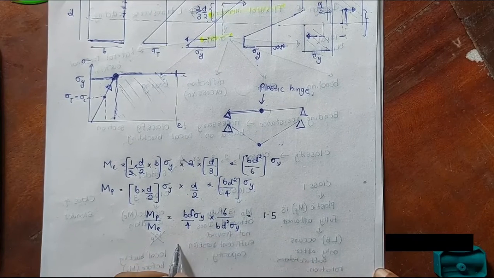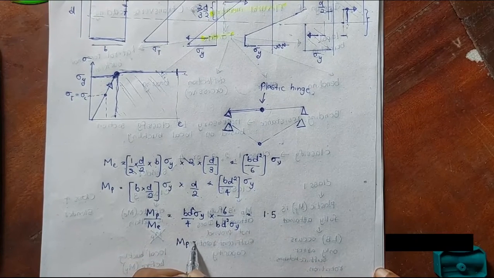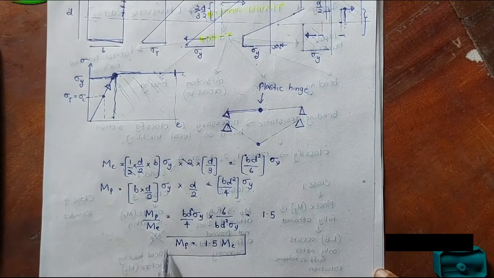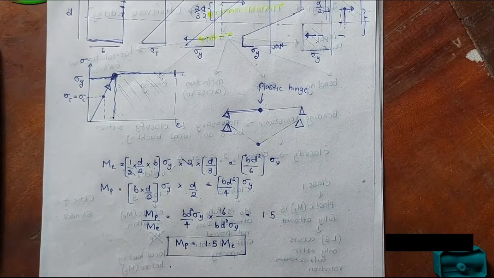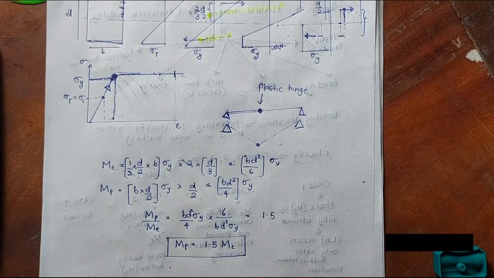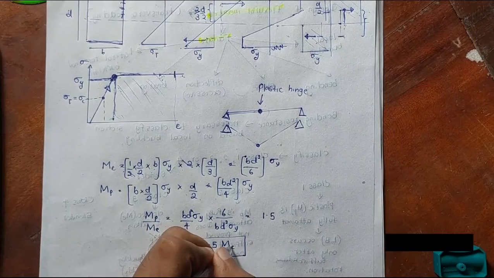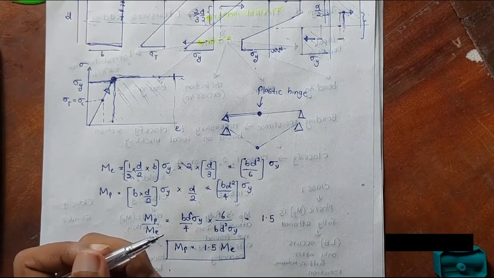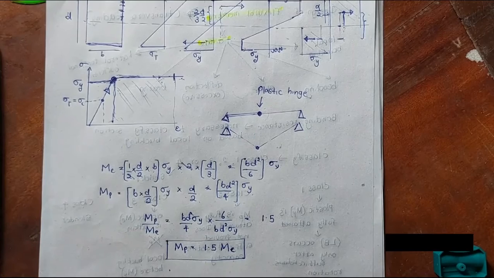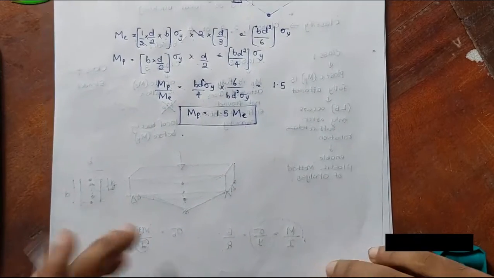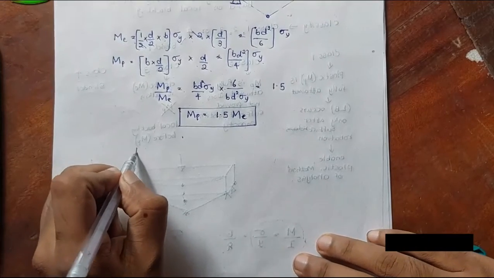So for a rectangular section, your plastic moment capacity is 1.5 times the elastic moment capacity. For different sections, you will obtain different ratios.